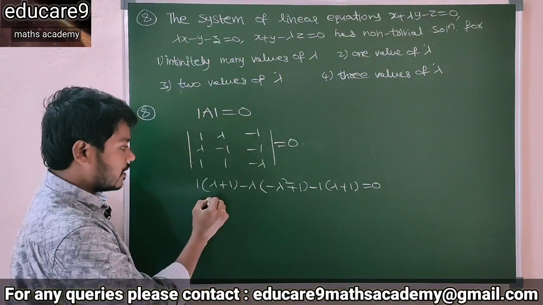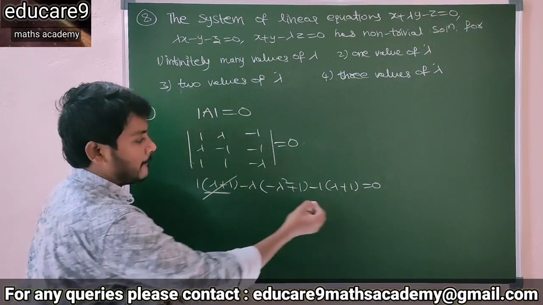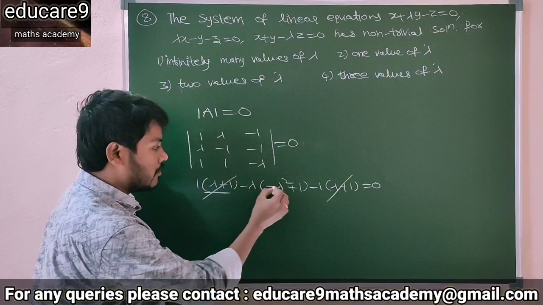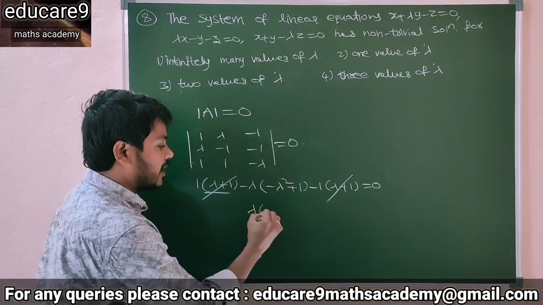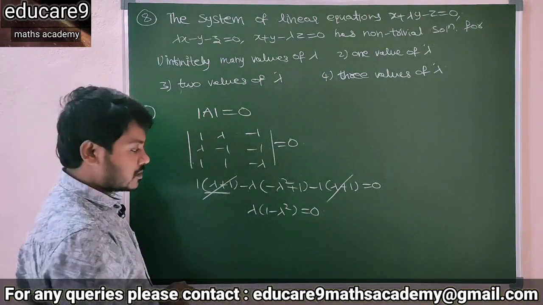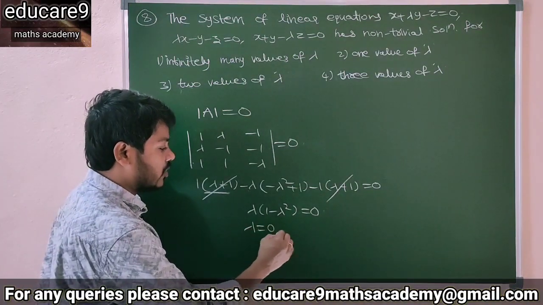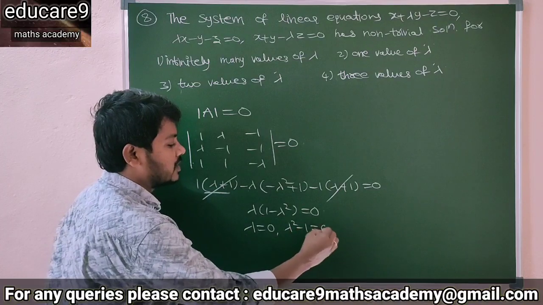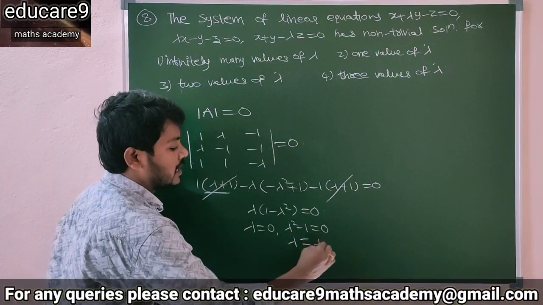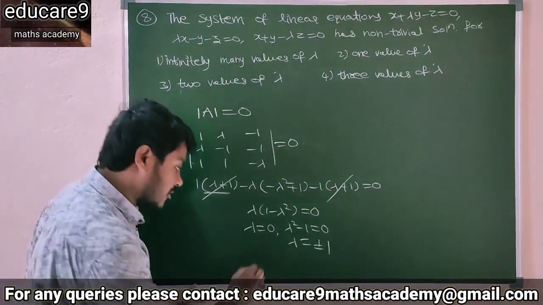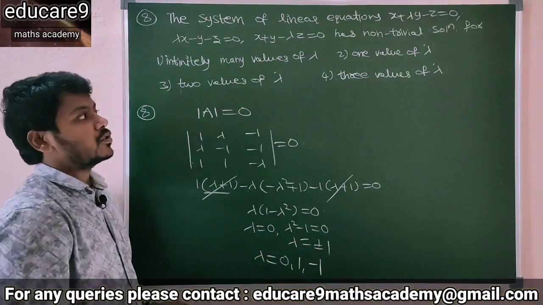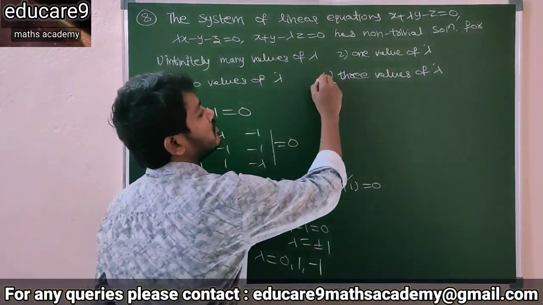So here lambda plus 1 minus (lambda plus 1) gets cancelled. Now this is lambda into (1 minus lambda square) equal to 0. So therefore one is lambda equal to 0, another one lambda square minus 1 equal to 0. So lambda is equal to plus or minus 1. So therefore lambda values are 0, 1, minus 1. So clearly 3 values of lambda.